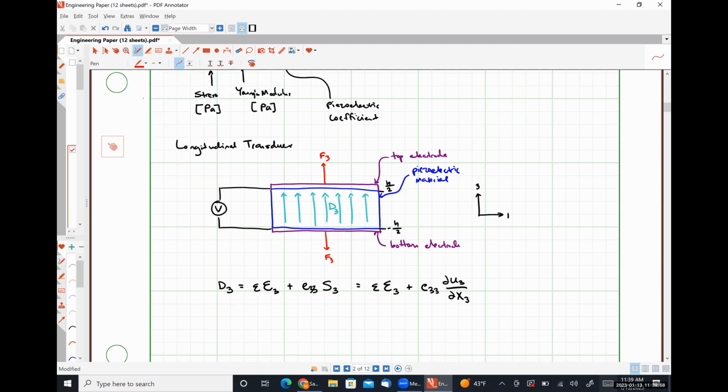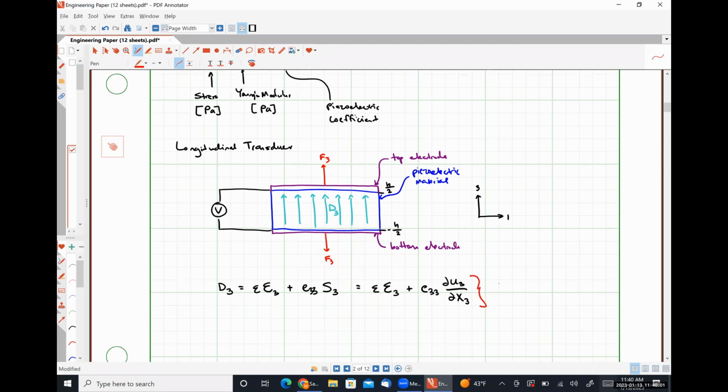Okay. So this term, u3 as a function of X3, is the material displacement in the 3 direction at location X3.